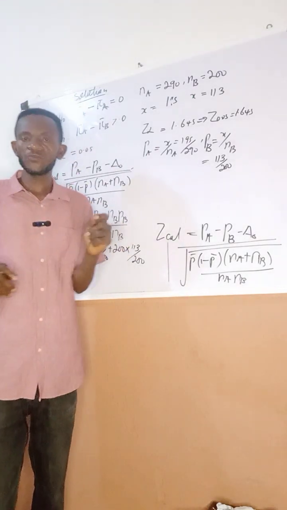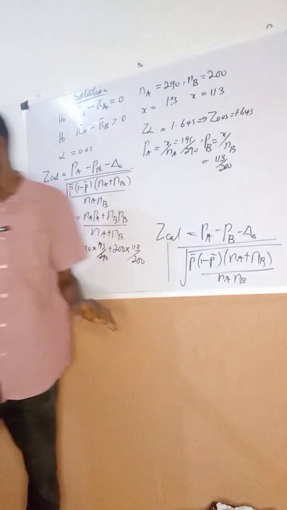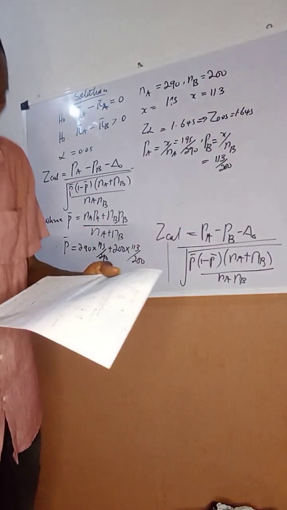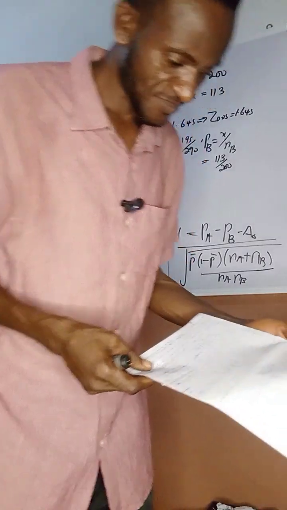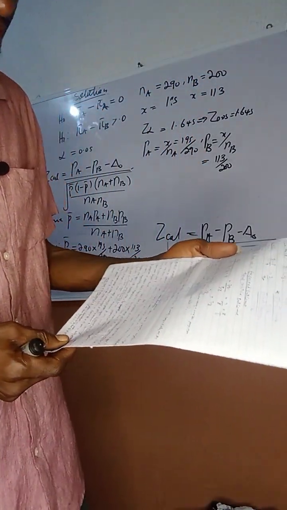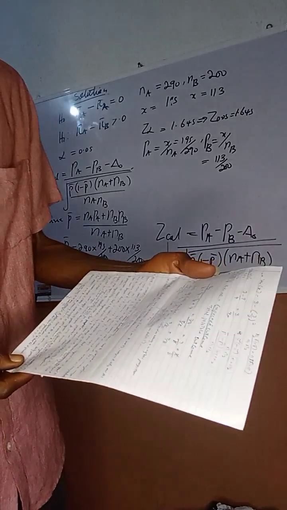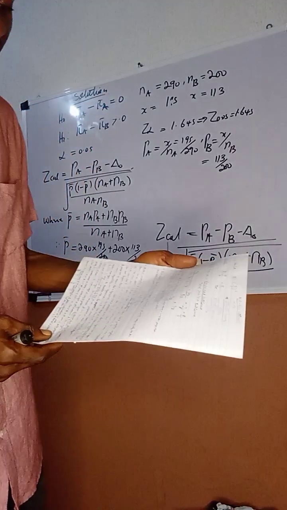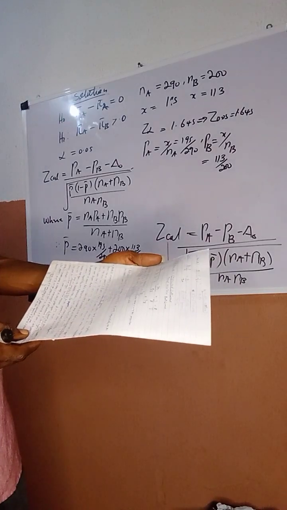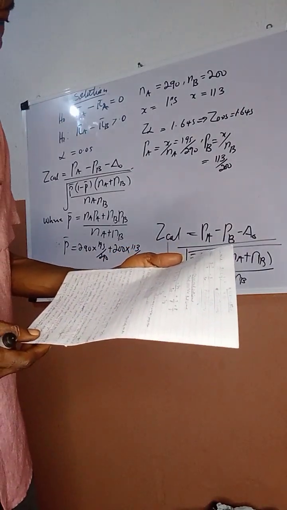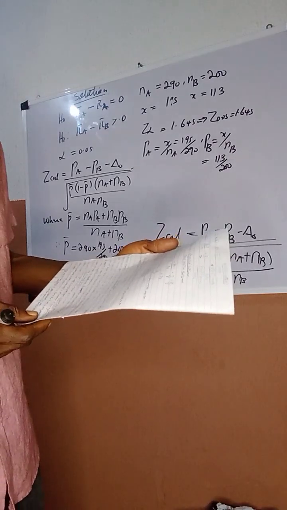Permit me to equally give you one thing to try on your own. That thing I want to give you to try on your own says, suppose that there is a claim that the proportion of men that are hypertensive is equal to the proportion of women that are hypertensive.